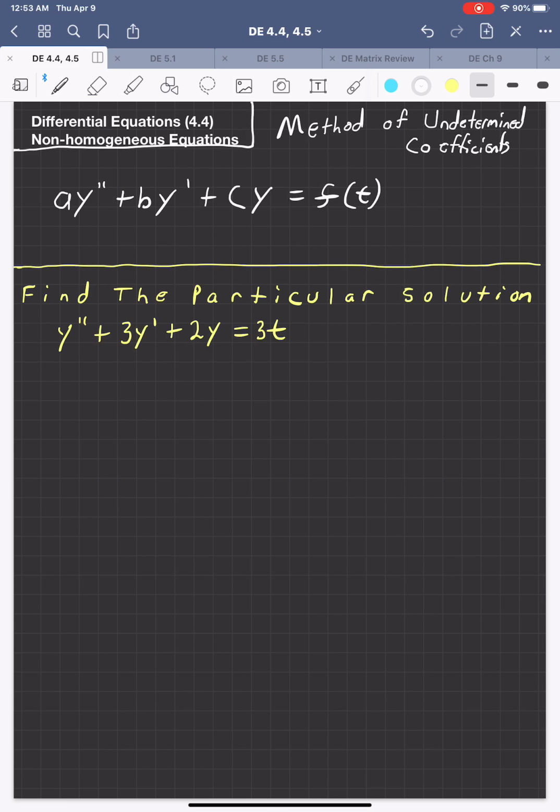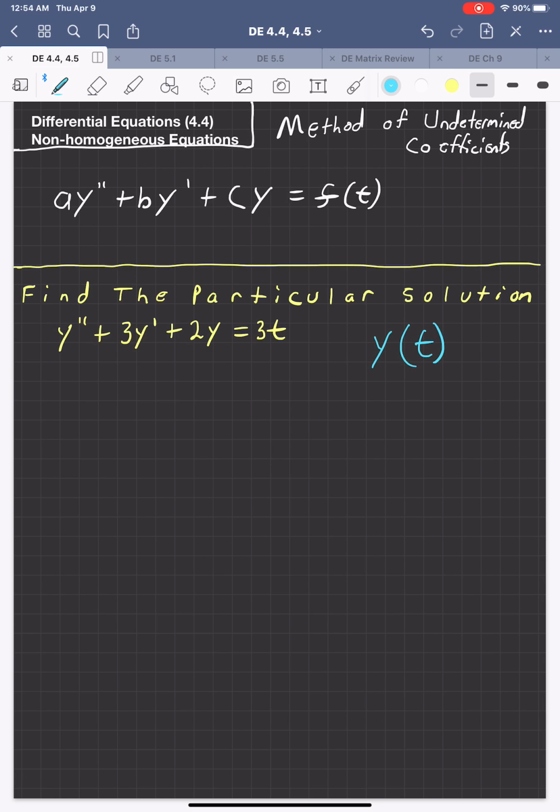Okay, so let's go ahead and try this problem. It says find the particular solution to the following second order differential equation, and there it is. Notice as of right now we have this differential equation set equal to 3t. Now stay with me. Don't let me lose you in the beginning. The game that we're playing is that there is some function out there, some y of t.